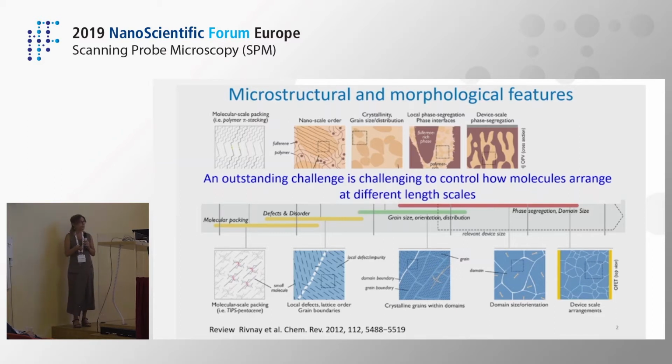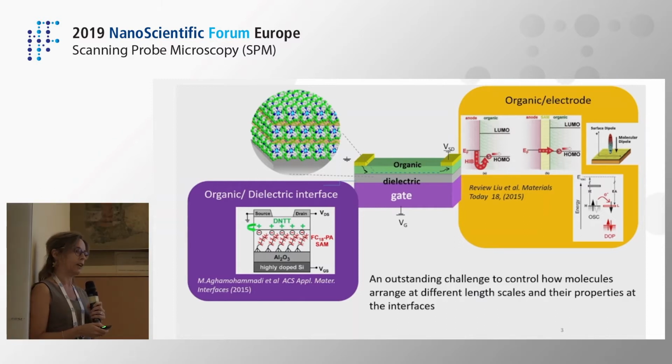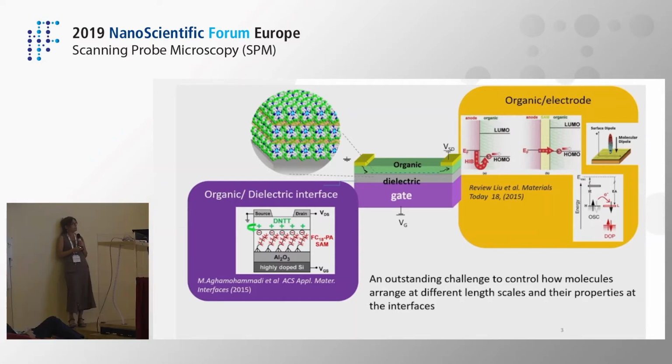And for many years, the importance of the interfaces has also been recognized. In these bottom gate field effect transistors, it is at the dielectric interface where the transport channel is formed. The orientation and the crystalline quality of the organic molecules at this interface is critical.